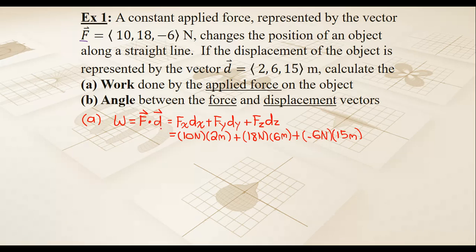Let's double check: 10 times 2 plus 18 times 6 plus negative 6 times 15. If we calculate this correctly, we get a single numerical value, a positive number: positive 38 joules.